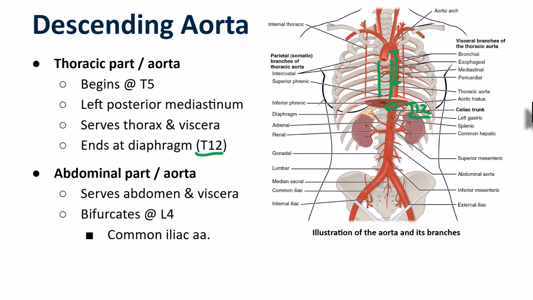And that abdominal aorta is going to have various branches: three major anterior branches, a celiac trunk, SMA, and IMA, several lateral visceral branches, such as renal arteries and gonadal arteries, and then very many parietal branches serving the body wall, like inferior phrenic and lumbar arteries, etc. At about the level of the fourth lumbar vertebra, the abdominal aorta ends and we transition to the common iliac arteries on either side.